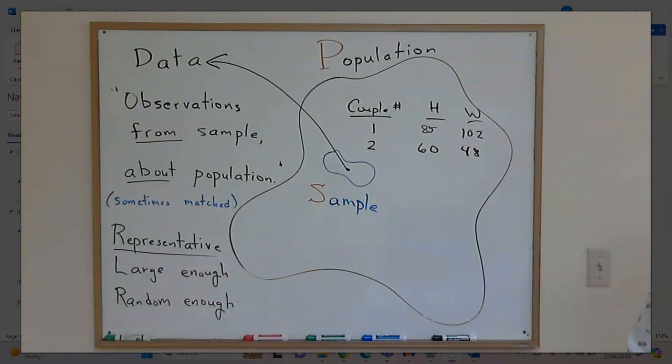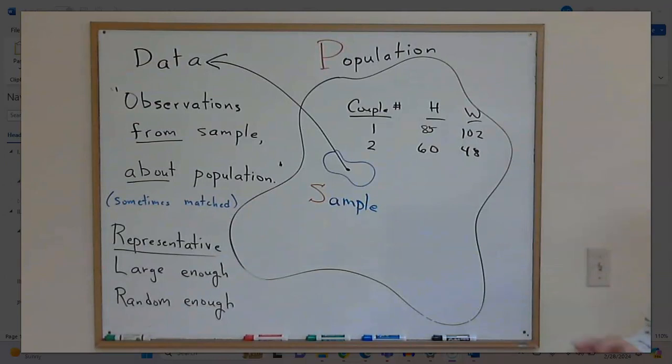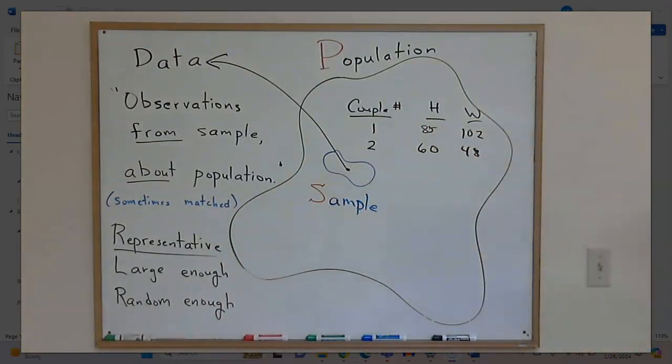What does that mean? Well, in a nutshell, it basically means that the sample that you took is large enough and random enough, randomly selected, so that it is a microcosm of the whole population. The question of whether a sample is large enough, or how large the sample should be, or what the limitations are if the sample is of a certain size, is a thread that's going to run through this whole course.